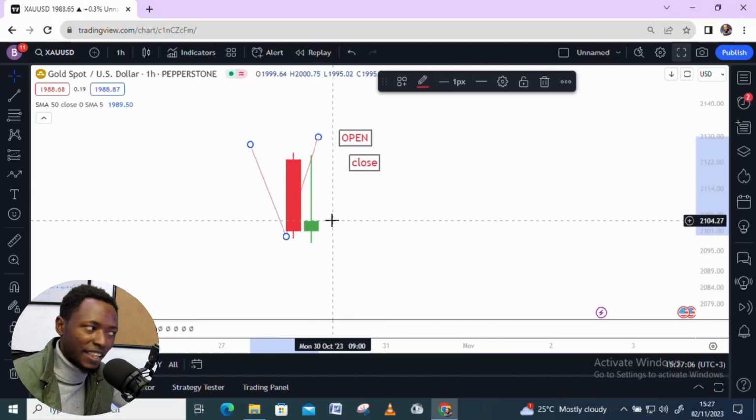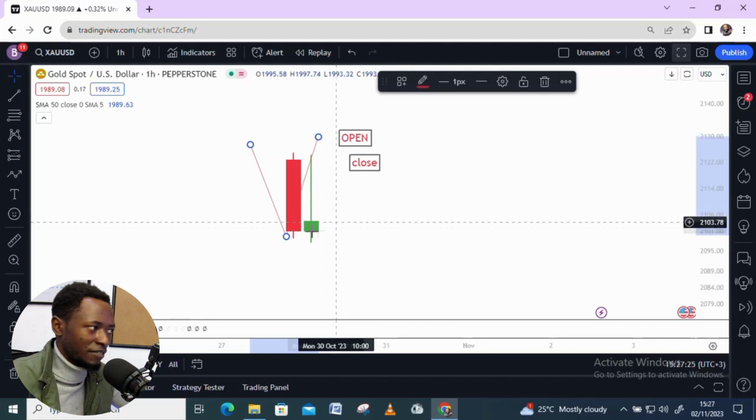That means there is a bullish environment. The bulls are actually coming into the market. So that's an inverted hammer.